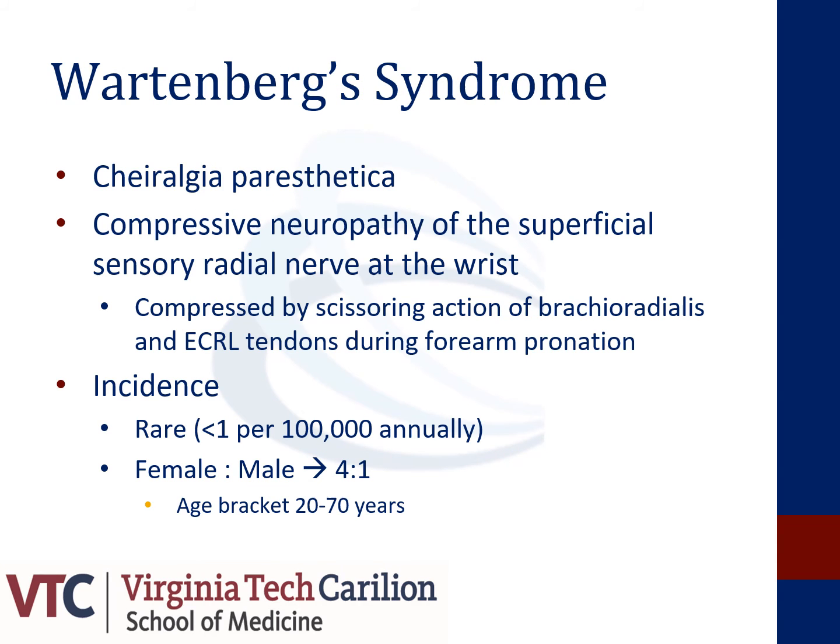For our last radial nerve associated compressive neuropathy, we will discuss Wartenberg syndrome. This is a compressive neuropathy of the superficial sensory radial nerve at the wrist. It is compressed by the scissoring action of the brachioradialis and ECRL tendons during forearm pronation.